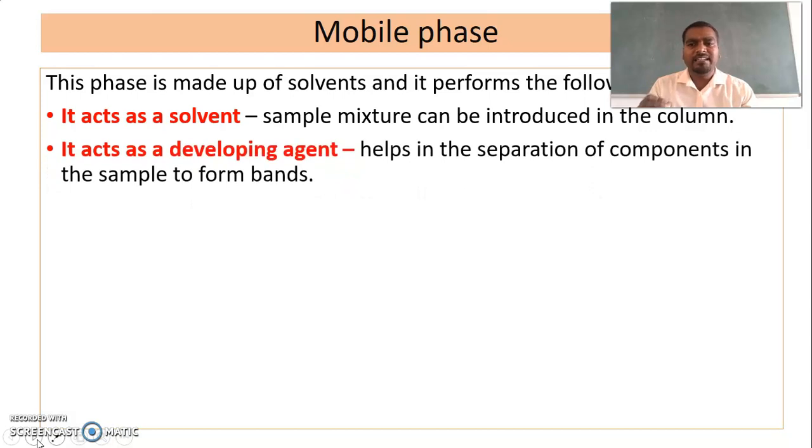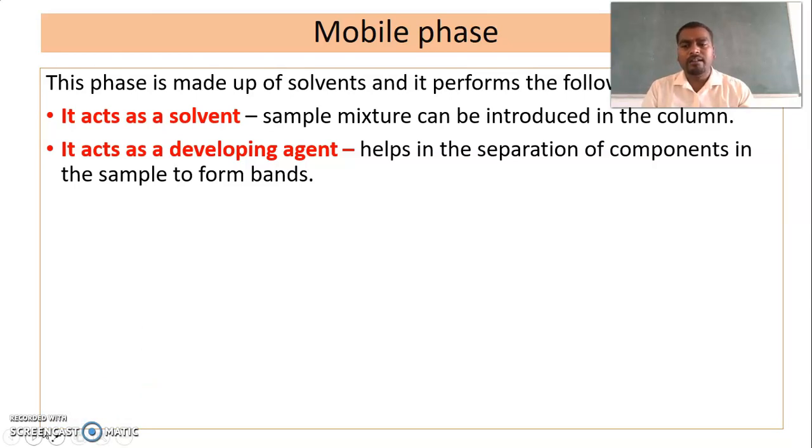Secondly, it contains some developing agent. Developing agent means that once the sample is introduced into the column, it appears as bands of different colors. Sometimes if an analyte does not possess color, the developer imparts color to these analytes. So the mobile phase sometimes also acts as a developer.